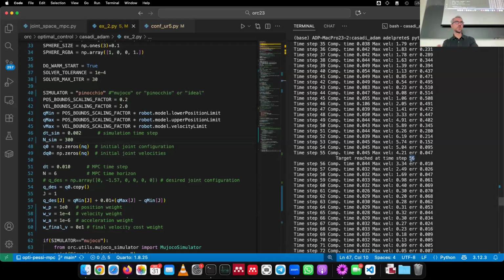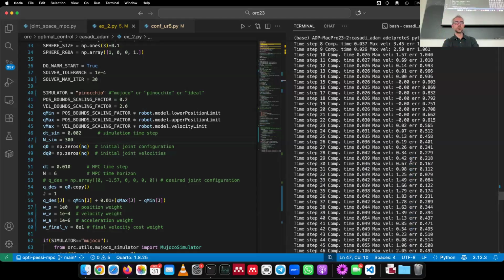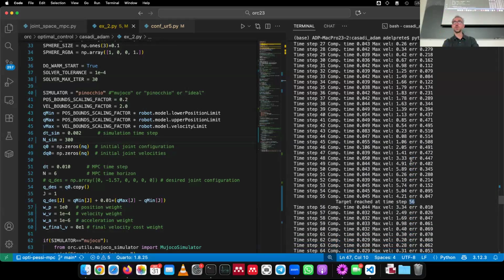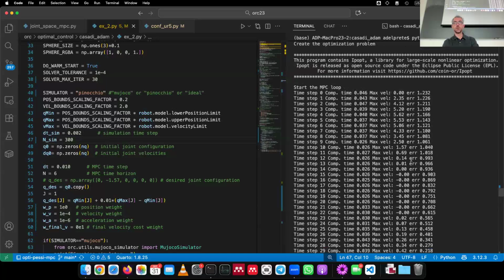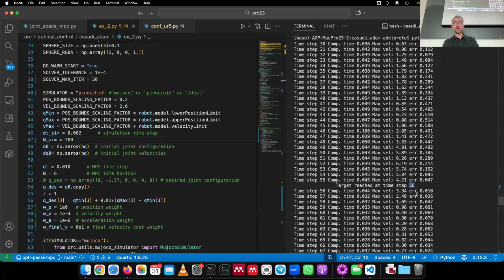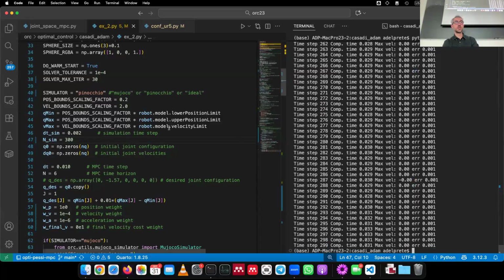So if the solver was able to solve that problem, which it is with 30 iterations, then we would get a good solution, a good behavior of the robots. Very good, actually. No constraint violations, and we reach the targets in 56 time steps. But the problem is that we are only giving the solver 3 iterations, and so, well, it's not good enough.